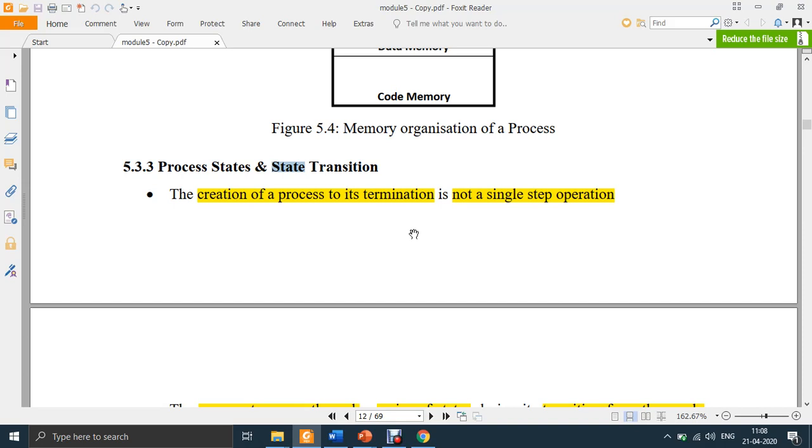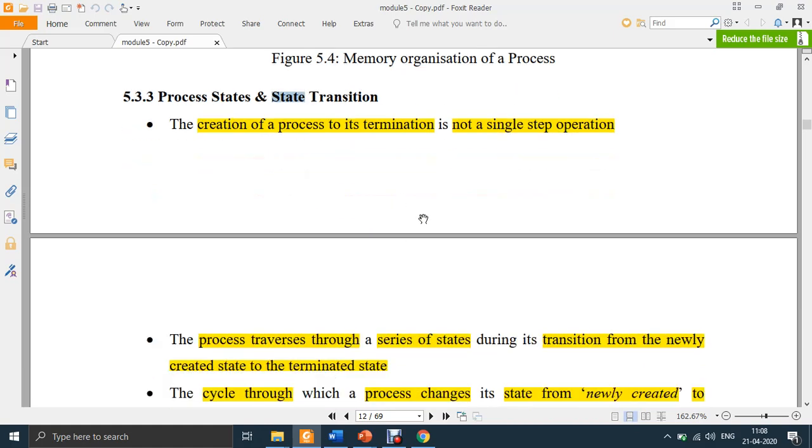Then order is shipped, the fourth state. Then order is out for delivery, that may be the fifth state. So in the process of procuring an item online, these are the states. Like that, a process from its initiation to termination will have multiple states. Hope you are getting the example, right?